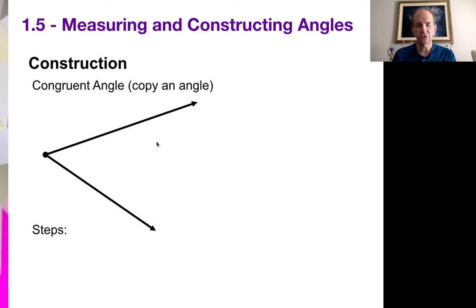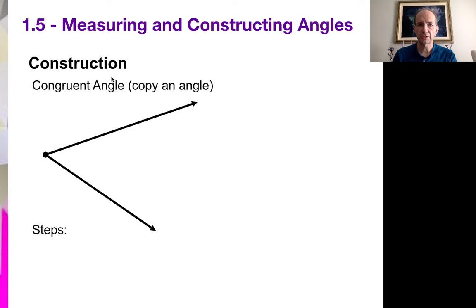So we're going to do a construction, and this is something that's going to have to be done in class, or you can look in your book. The construction is in chapter 1, section 5, and you can follow the instructions there. While you're doing this, it would be a really good idea to write down the steps that you're taking.